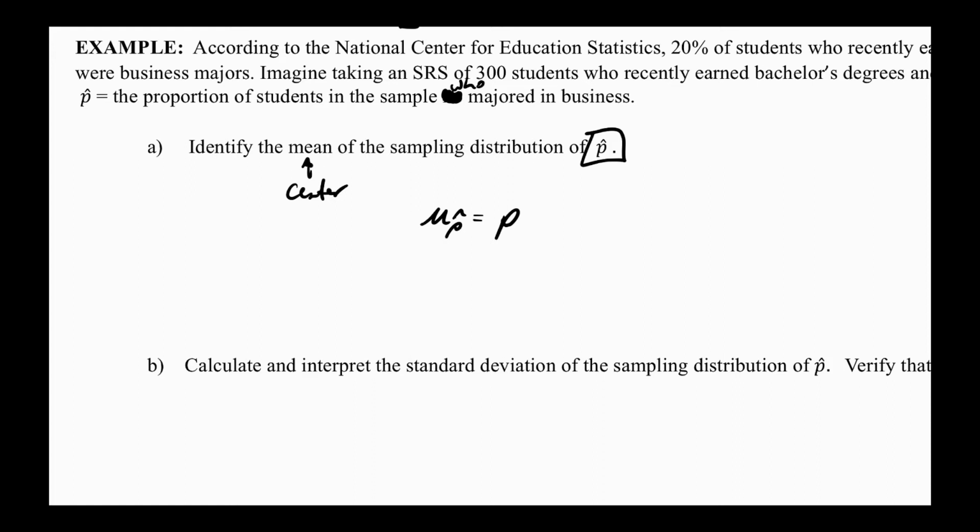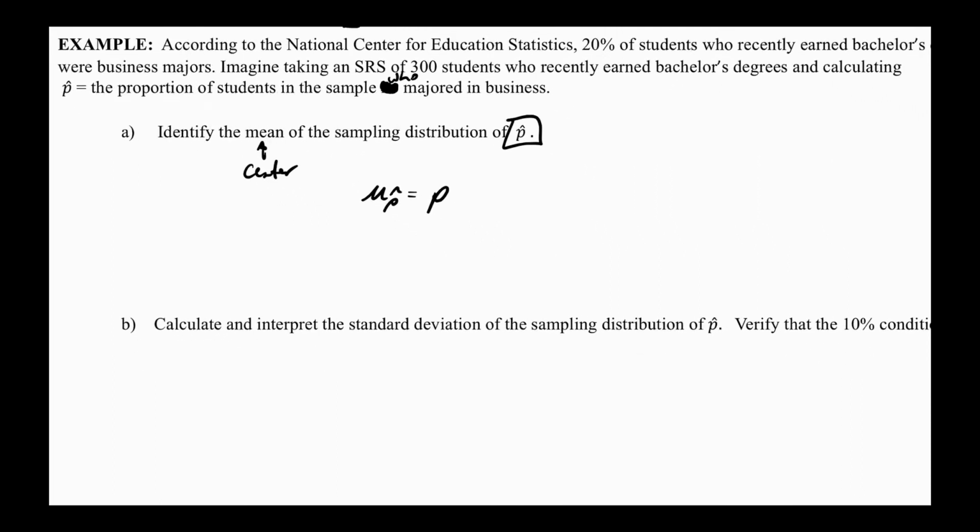It would be exactly what the population is, 20%. It says according to the data, 20% who recently earned degrees were business majors. That's the population. That's a parameter right there.